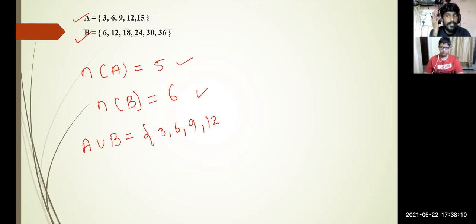You will not repeat the elements that are common, 6 was already written. So this is A union B.